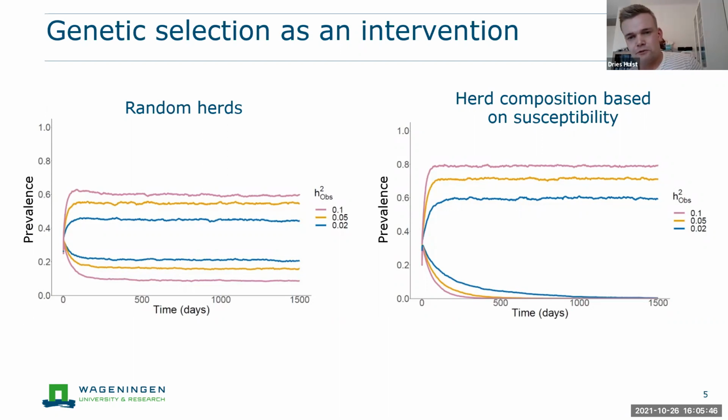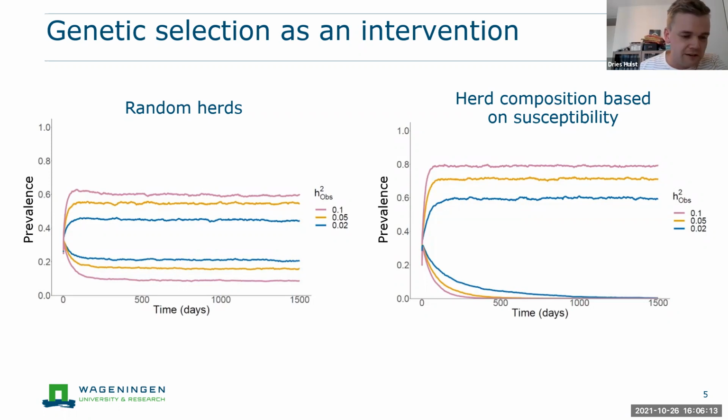These lines represent the 10% of herds with highest and lowest susceptibility. What you see is that in the lowest 10 percentile, the prevalence decreases to 0 when we sort the animals, and when the herds are at random, that doesn't happen.